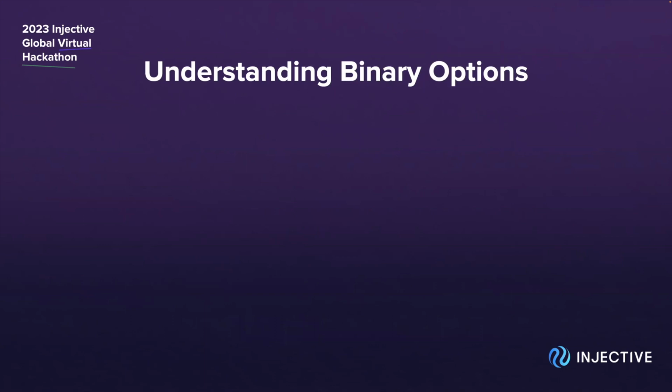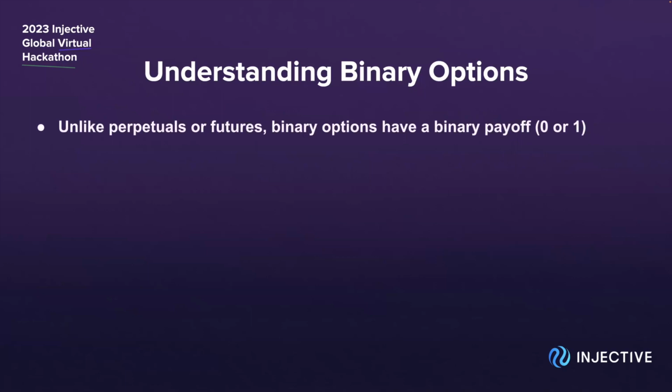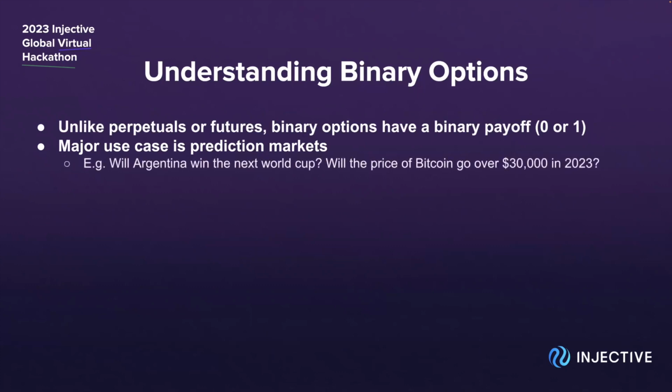All right. Next, I'll go over binary options. Unlike perpetuals or futures, binary options have a binary payoff, which means a 0 or 1 payoff. A major use case for this is prediction markets. An example is if you wanted to speculate on, let's say, will Argentina win the next World Cup, or will the price of Bitcoin go over $30,000 in 2023?